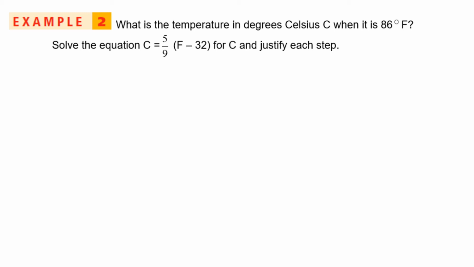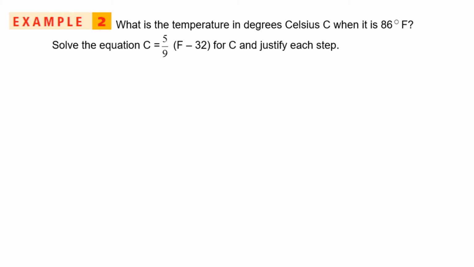Next up, what is the temperature in degrees Celsius C when it is 86 degrees Fahrenheit? Solve the equation C equals 5/9 times (F minus 32) for C and justify each step.